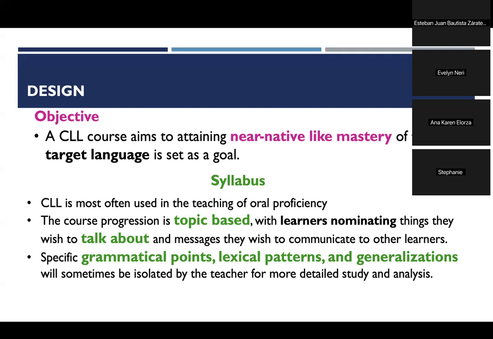The course progression is topic based, with learners nominating things they wish to talk about and messages they wish to communicate to other learners. When we talk about topic, it's not a language topic. Probably the topic students wish to talk about is related to astronomy. Well, you're a language teacher, you are not an astronaut or physicist.